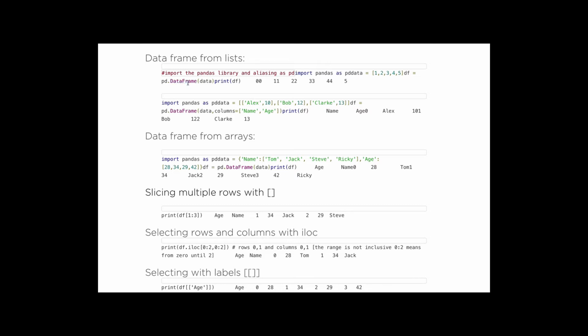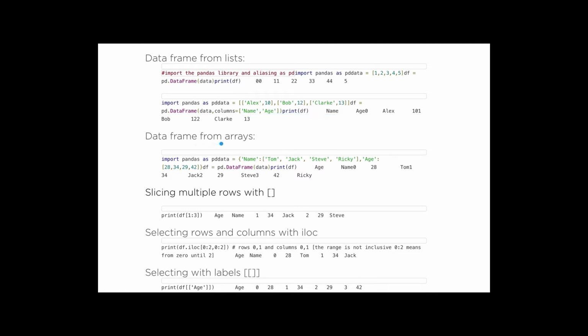The function to remember in pandas is DataFrame, and you can of course use heterogeneous data for a DataFrame. So in this case you have string and you have integer, and similarly you would have column names. You can define your column names using the columns option.